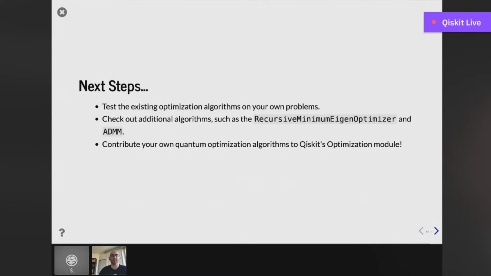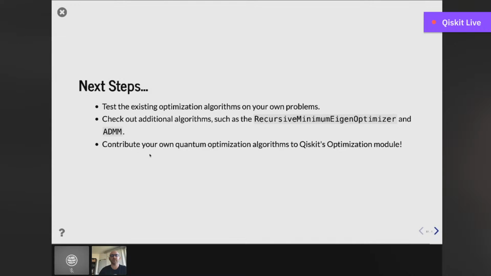So one thing you can easily try is model your own problems of interest and test the different optimizers that we provide in Qiskit's optimization module and get familiar with them. Particularly the ones that I have not shown in this tutorial, the recursive minimum eigen optimizer, for example, and the ADMM. And in the tutorials, but also in the Medium article, you find the references to all of these, like also the papers on where these have been introduced.